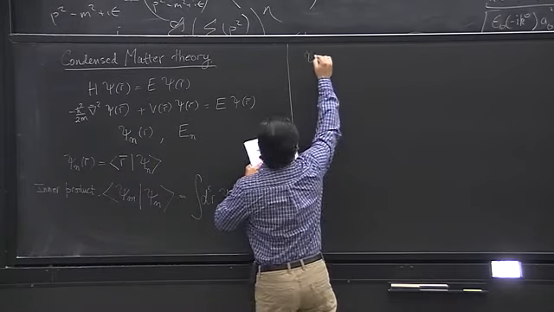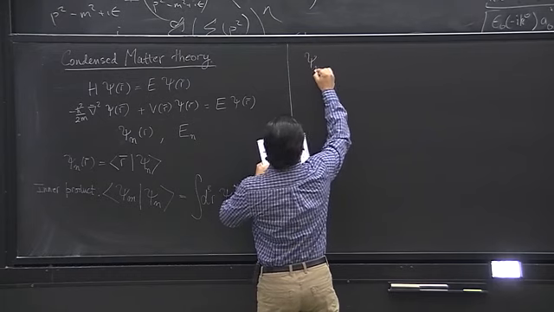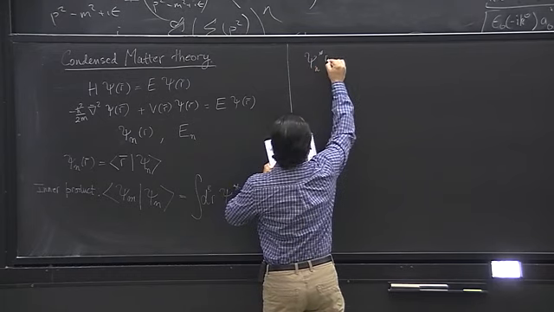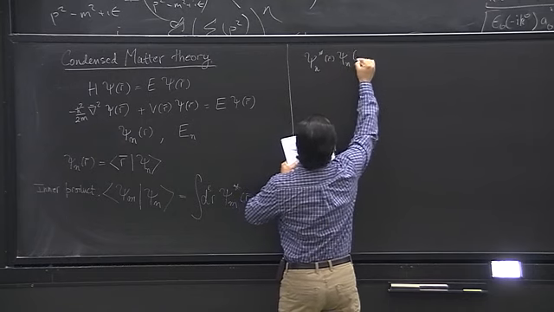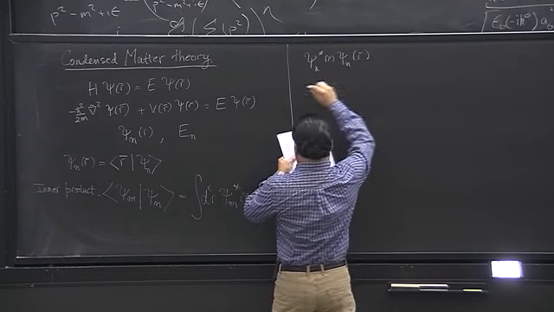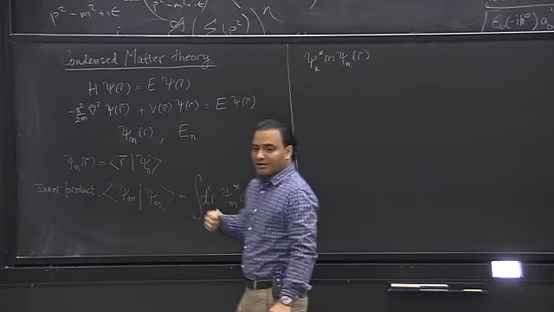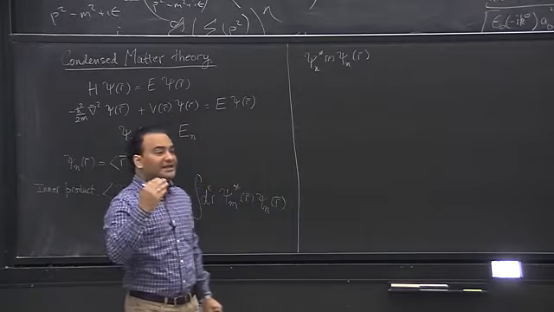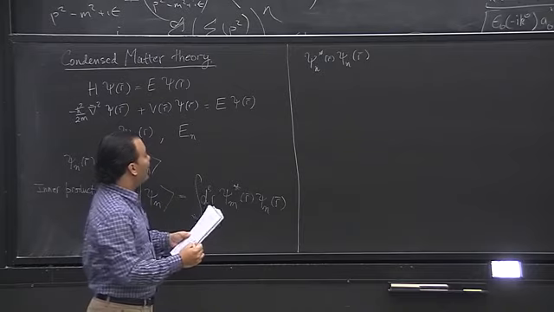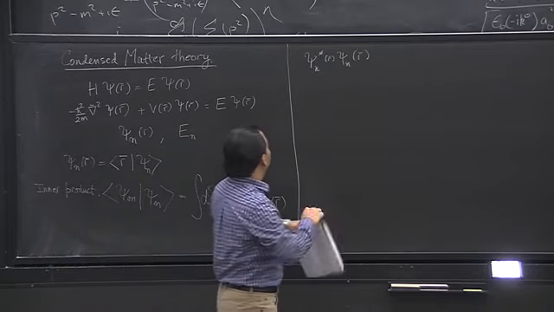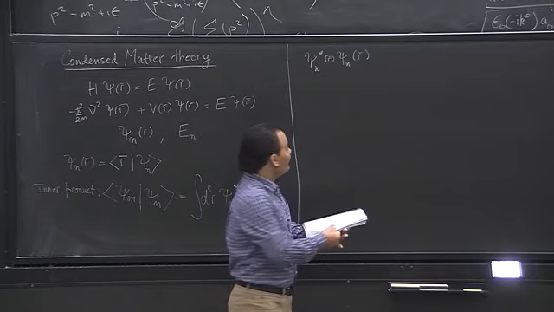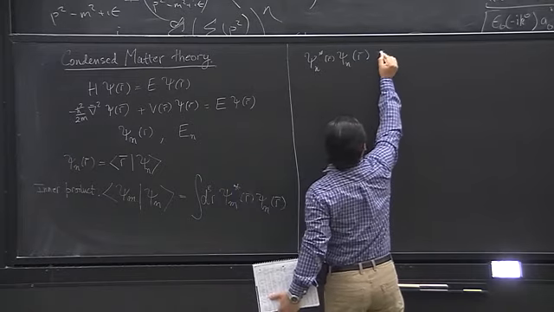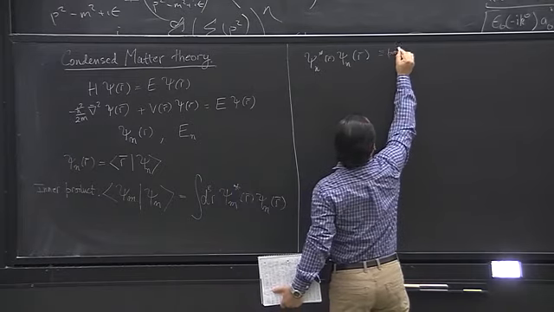Now consider the quantity psi n star of r times psi n of r. This quantity represents the probability density of finding a single particle at r.